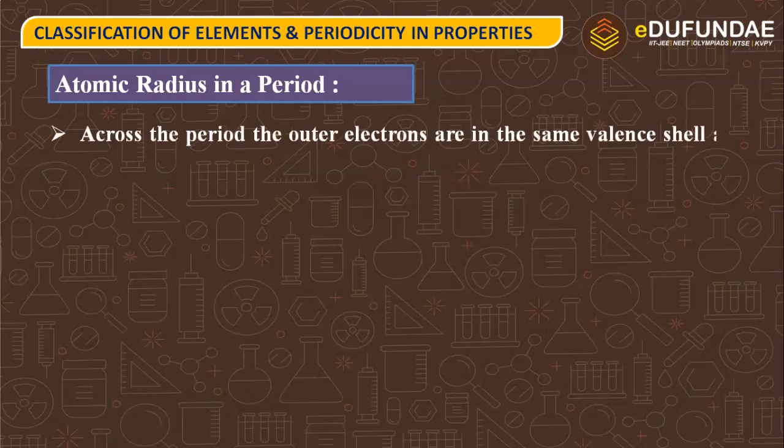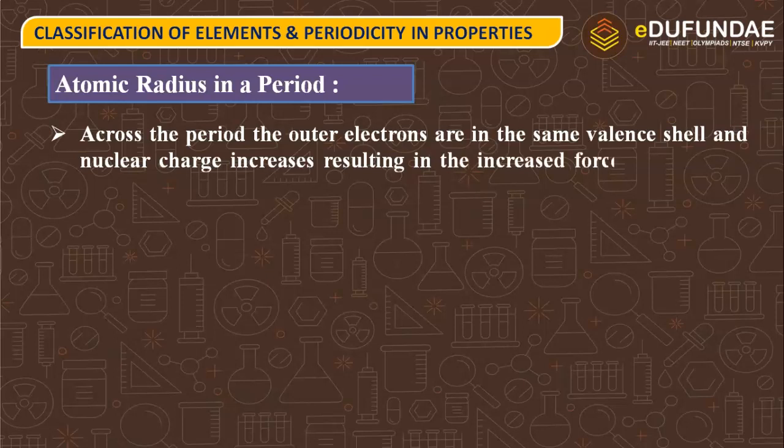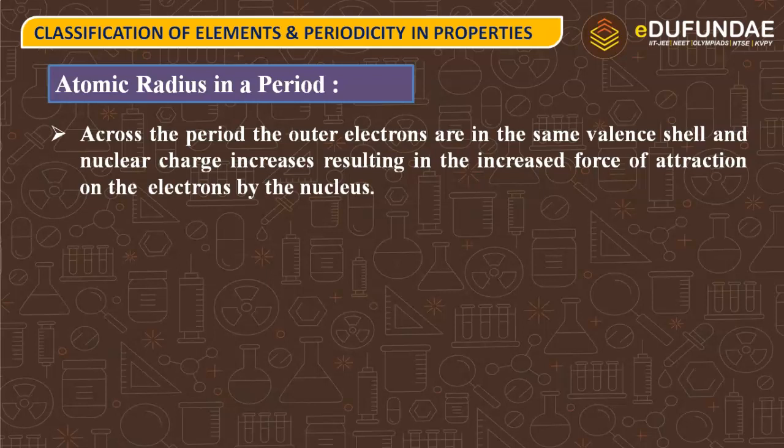Across the period, when we move from left to right in the periodic table, the outer electrons are in the same valence shell and nuclear charge increases, resulting in the increased force of attraction on the electrons by the nucleus. So what is happening? जब हम पीरियोडिक टेबल में लेफ्ट से राइट पीरियड इन अ पीरियड मूव करते हैं, देन व्हाट इज हैपनिंग, एक पर्टिकुलर शेल में नंबर ऑफ इलेक्ट्रॉन्स इंक्रीज कर रहे हैं, which is increasing the effective nuclear charge.